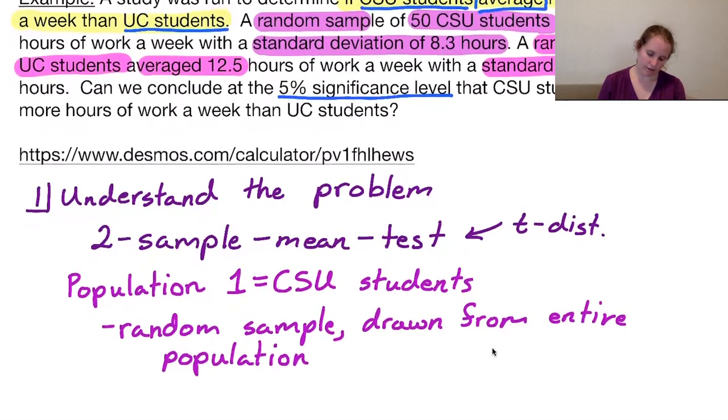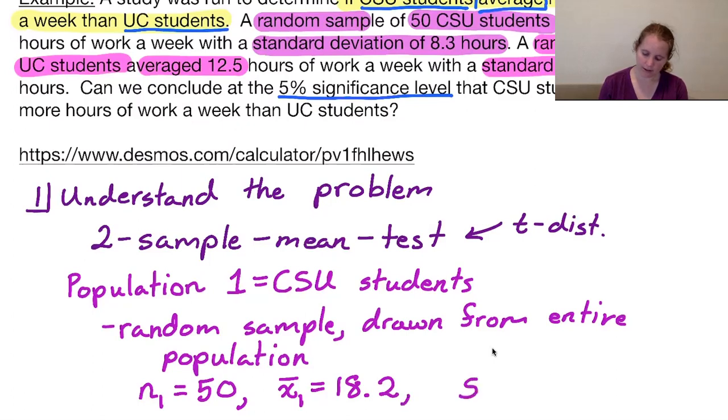Our sample size was 50, so n1 equals 50. The sample average was 18.2, so x1 bar is 18.2. And the sample standard deviation was 8.3, so s1 is 8.3.